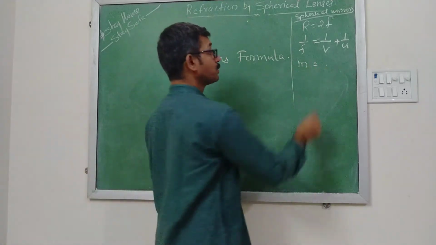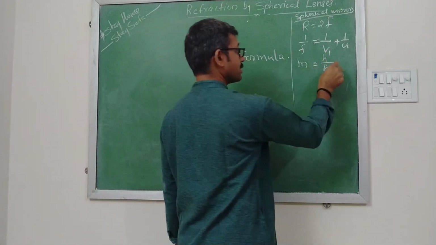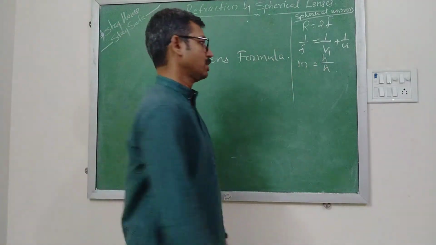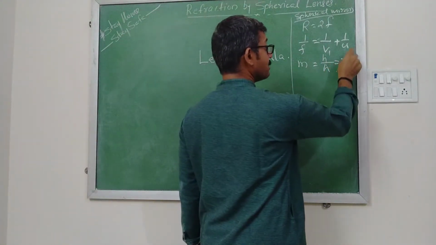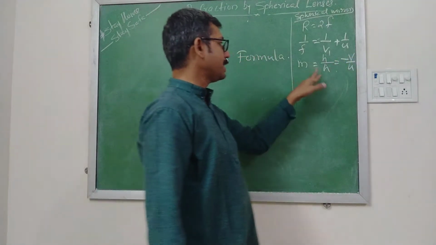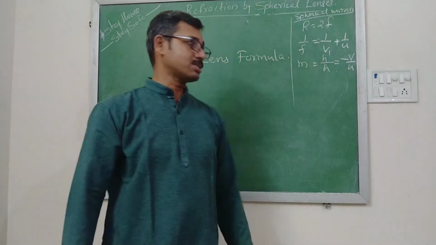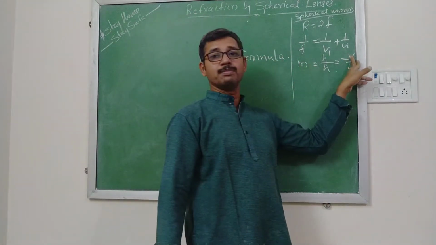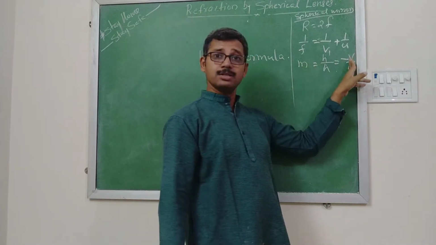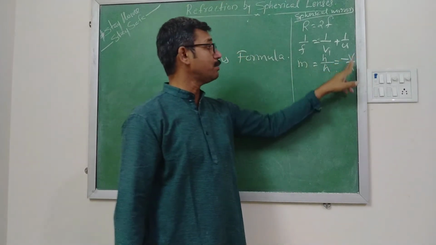Magnification M is equal to H dash upon H, the height of the image upon the height of the object, is equal to minus V upon U. Again V is related to the image. So what is related to the image must come in the numerator in the magnification. So it is minus V upon U.